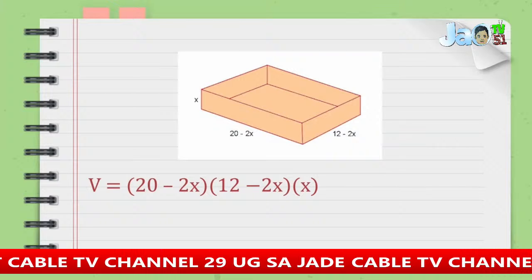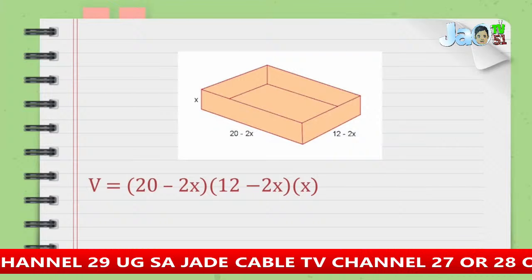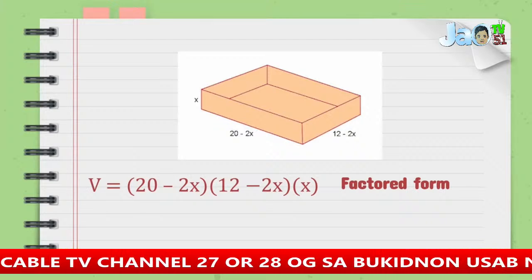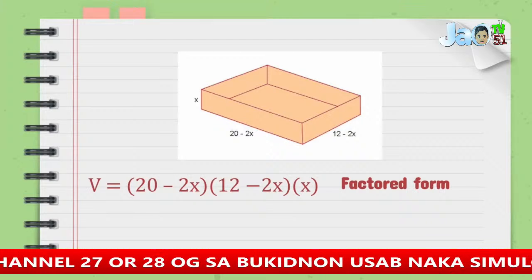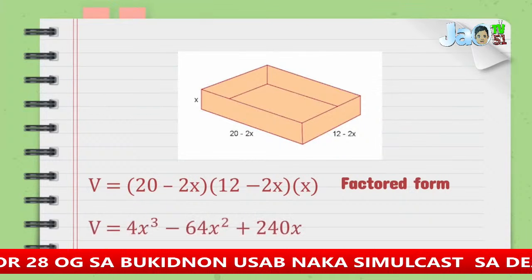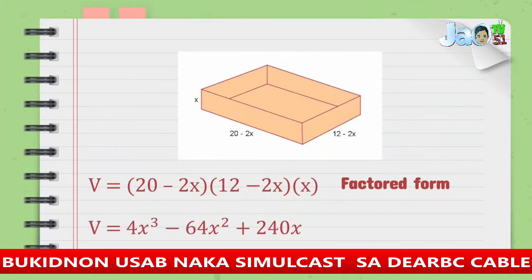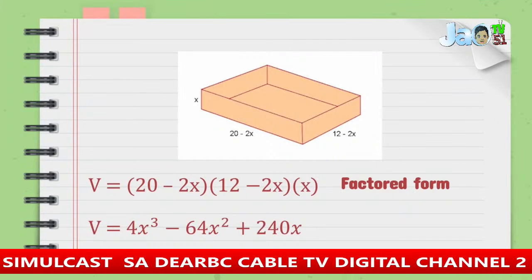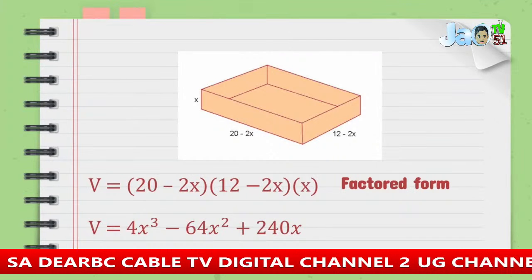This is a polynomial function in factored form. Its equivalent polynomial function in standard form is V equals 4x cubed minus 64x squared plus 240x.